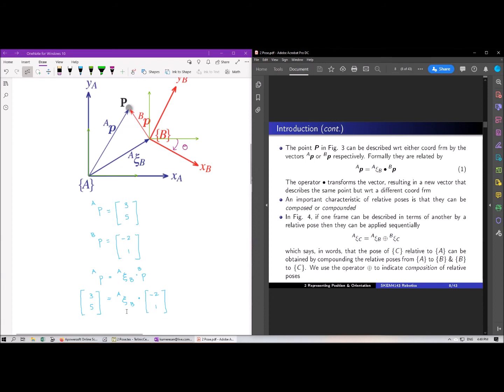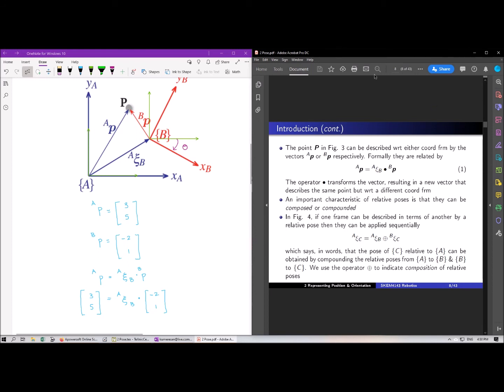Note that we have not determined what ξ^A_B is. For now, it's just a label of position, orientation, or pose. And again, this operator we have not defined yet, but we want to find out.